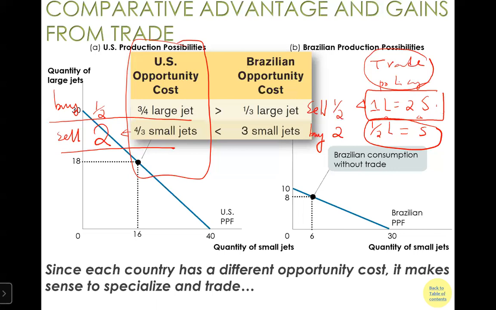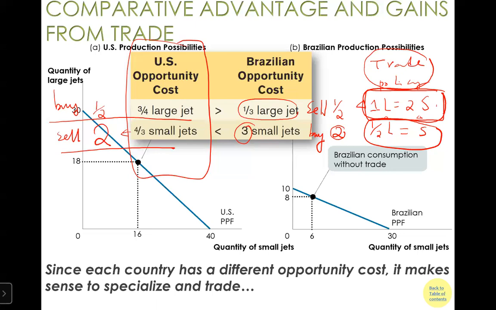Now, similarly, Brazil is going to be better off because they can sell small jet at a higher price compared to what they produce domestically. They can buy larger jet at a lower price compared to what they produce domestically. Right? And so clearly you can see the policy I proposed here, one larger jet equal to two small jet, makes everyone happy.